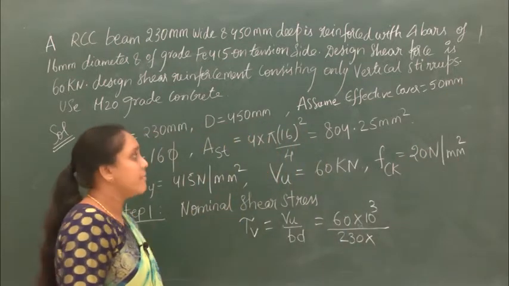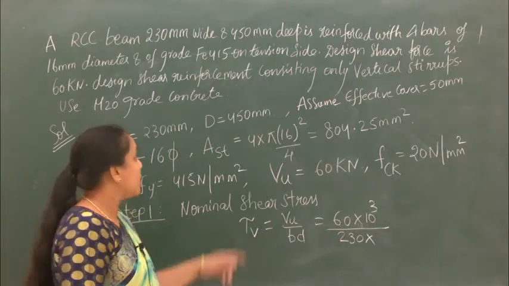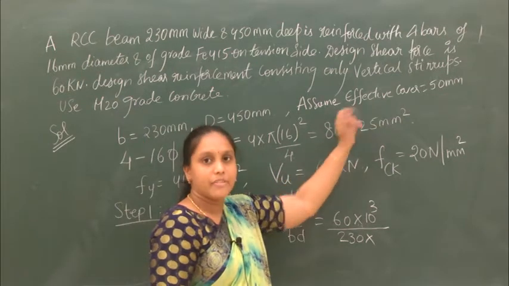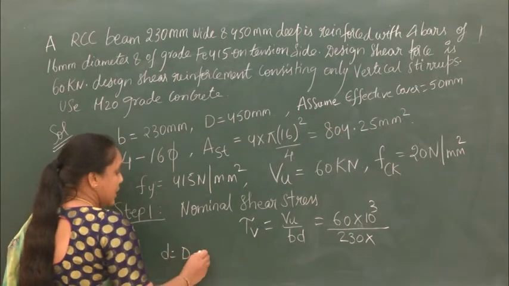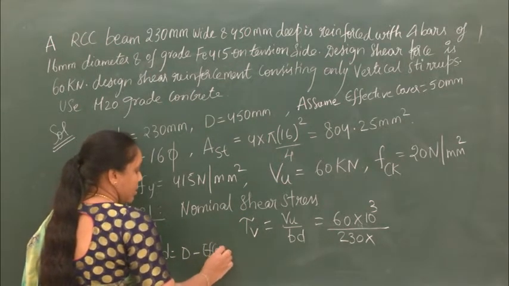If you assume an effective cover of 50 mm, what will be your effective depth d? d will be the overall depth minus the effective cover. So let me write it down here: d is equal to D minus the effective cover.